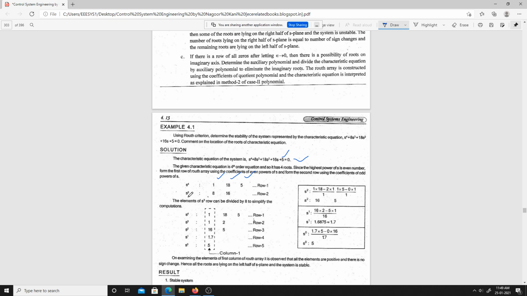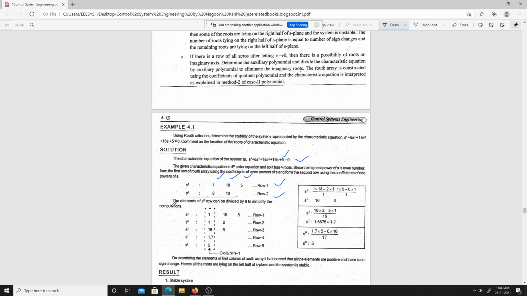Next, these are the odd coefficients, so the second row is formed by the odd coefficients. So s cube means 8, 16, and there are no other elements here, so I am not taking anything. These are the two rows we get from the characteristic equation. Next, the third row I am supposed to consider.